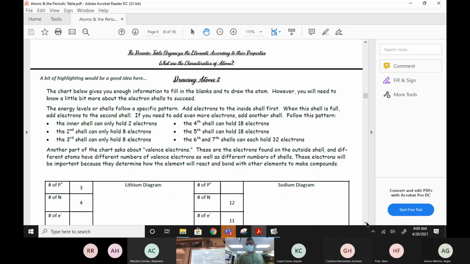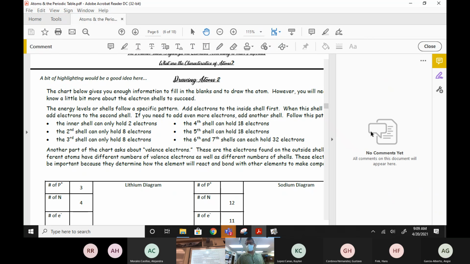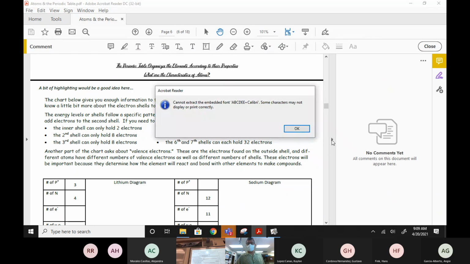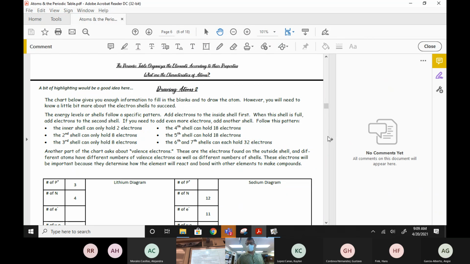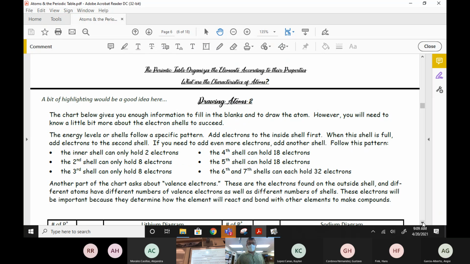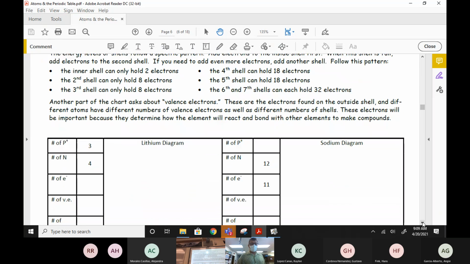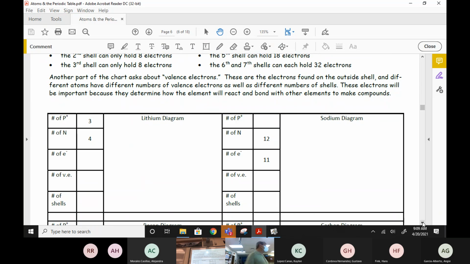So we're going to move on and fill in this chart. And I'll do the first one for lithium with you. Now, they've given us everything we need to know in this chart to be able to do the whole thing. So they've told me that there are how many protons and how many neutrons?